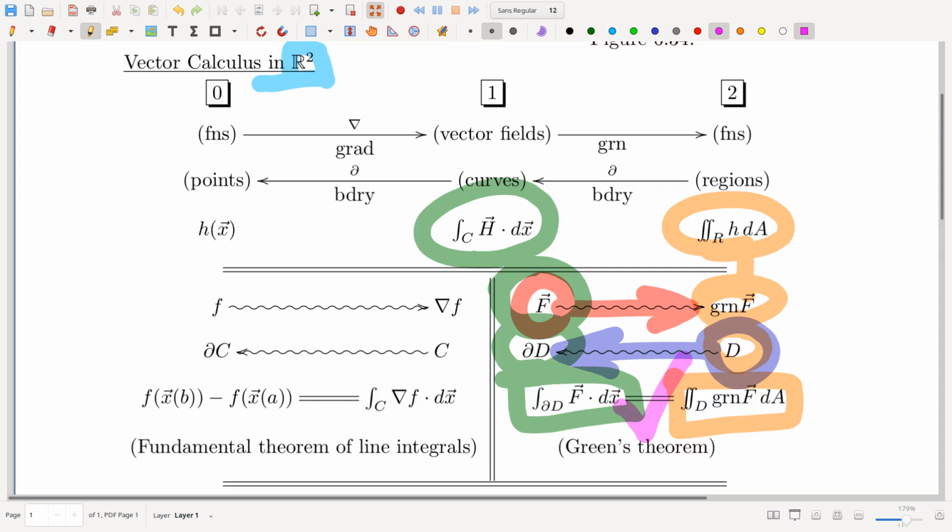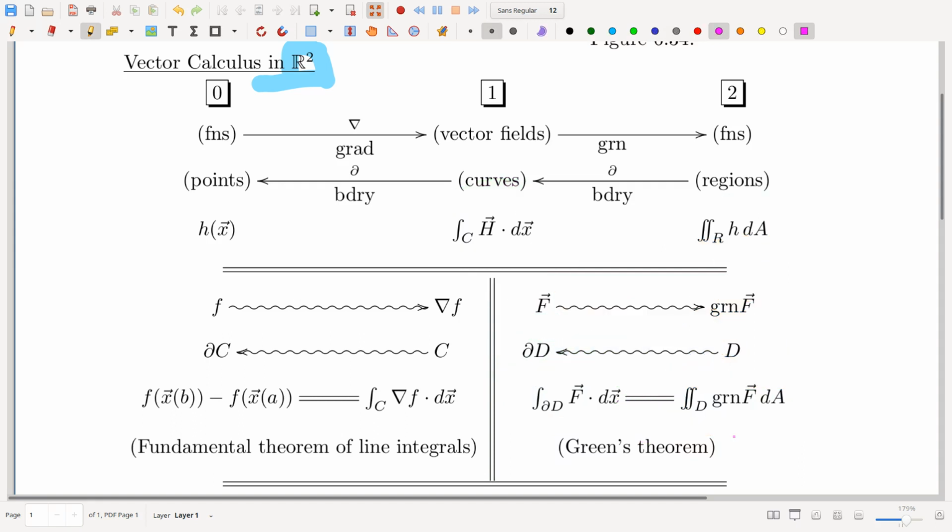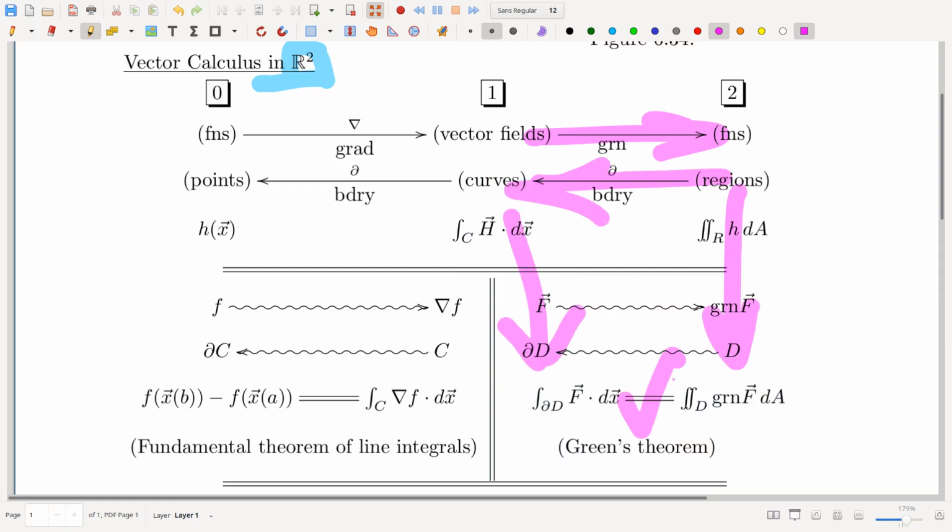In other words, it lays out on the page exactly the same way, going to the right, going to the left, evaluating accordingly. You get the same thing on both sides.